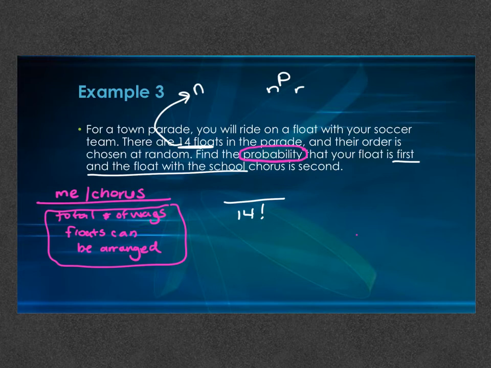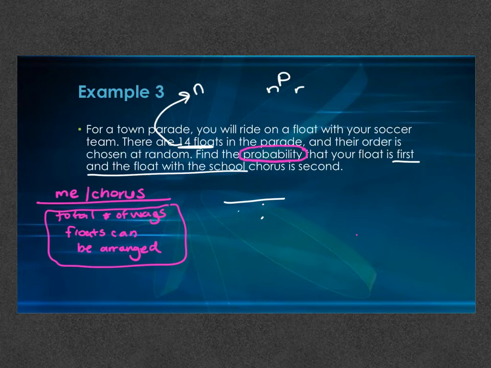So I'm going to go to my calculator. Hang on. Let me go to menu. Math. Probability. PNR. 14, 2. I don't know why I put the 14 in the bottom. Ignore that part.